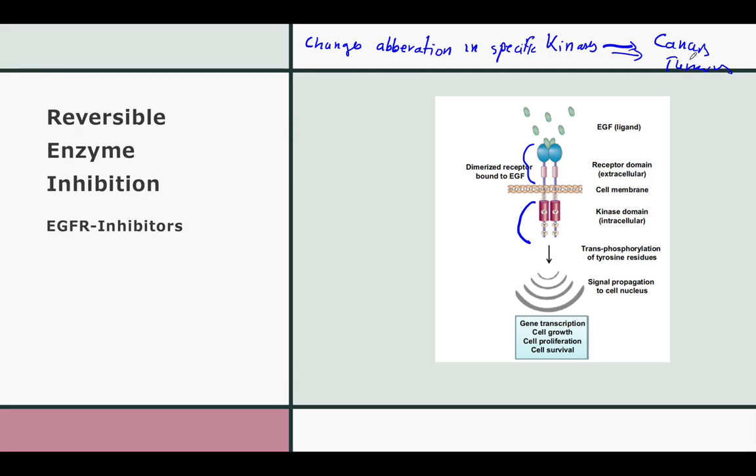Specifically, there's a number of tumors and cancers and conditions that have been connected or that have been related to the EGFR receptor and the kinase activity of the EGFR receptor. So the EGFR kinase inhibitors became a potential way to inhibit the kinase of the EGFR and thus treat cancer.